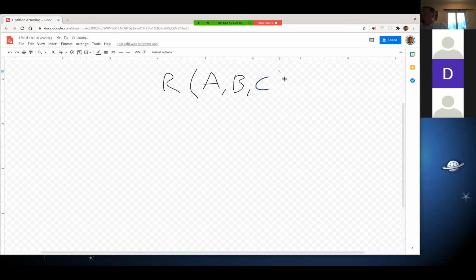R is a relation, it's a table, that has its own name, R, and it has the attributes A, B, and C. Then the state of this table might be something like, let's just say A1, B1, C1, and A2.